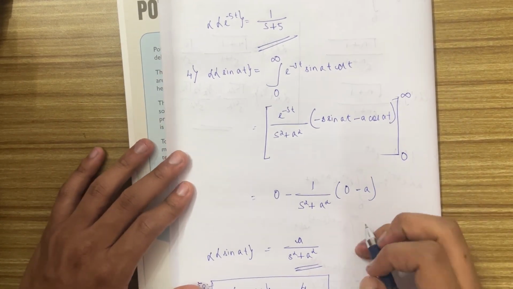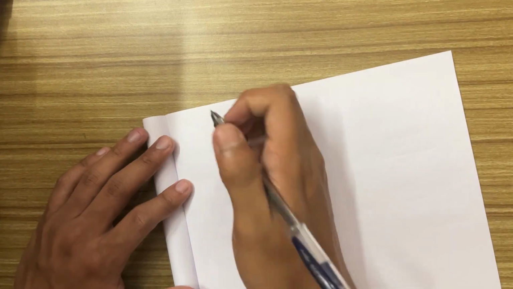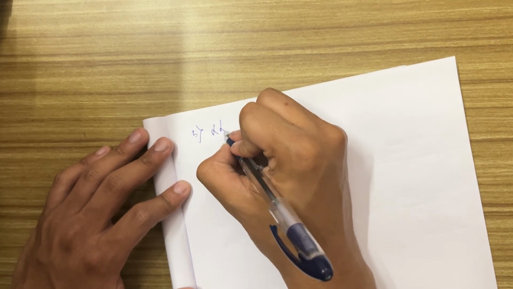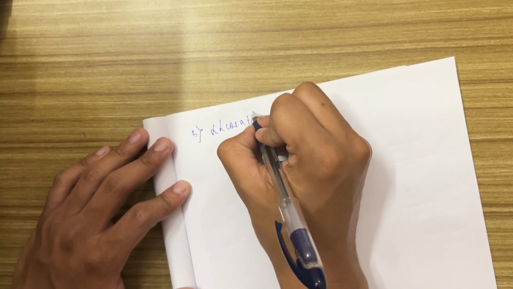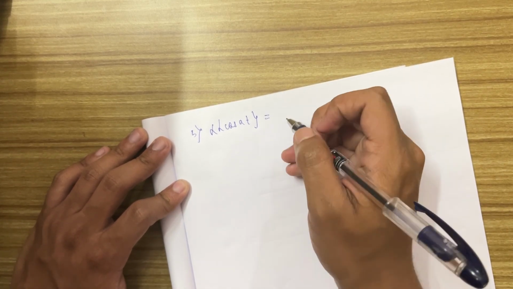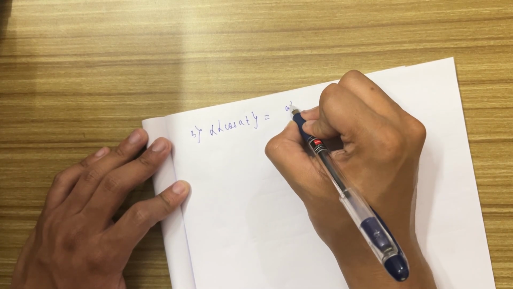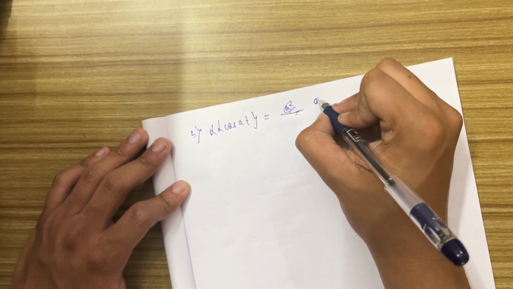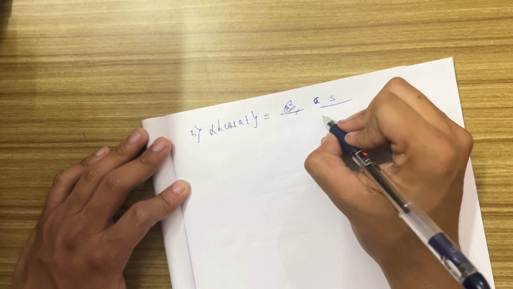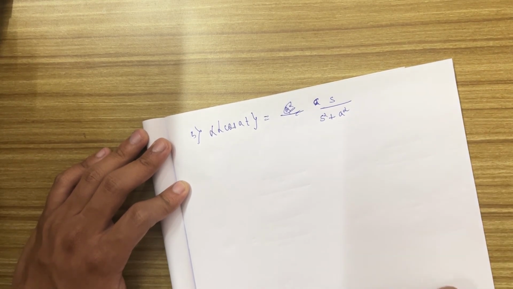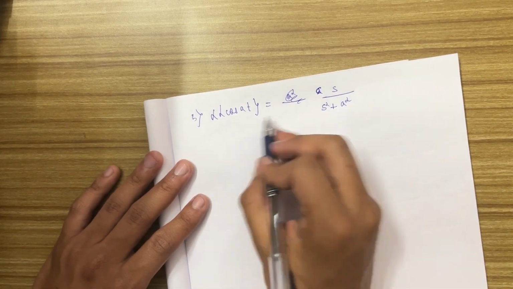Similarly, when we do Laplace of cos at, what would we get? It would be s by s square plus a square. Yeah, this is the formula for cos at.